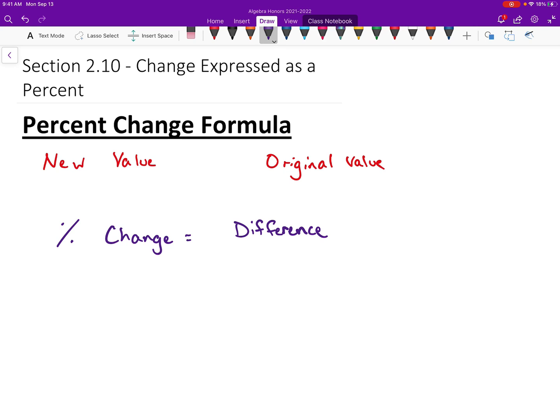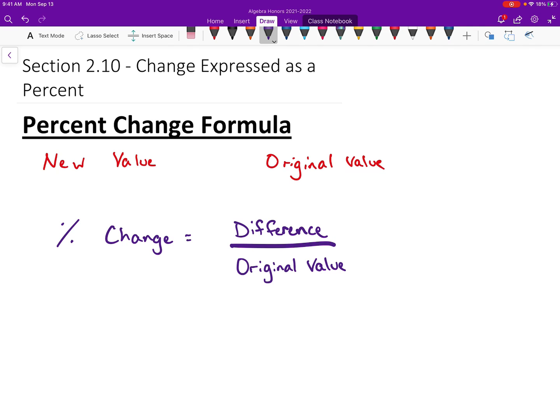So we're just going to subtract those two values, and we're going to divide by the original value. So we're going to look to see how much it's changed by calculating the difference between the two numbers, and then we're going to divide by the original value, okay?